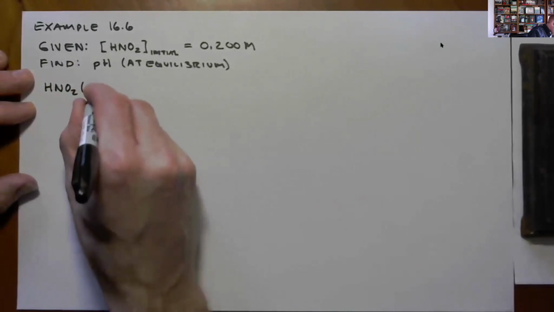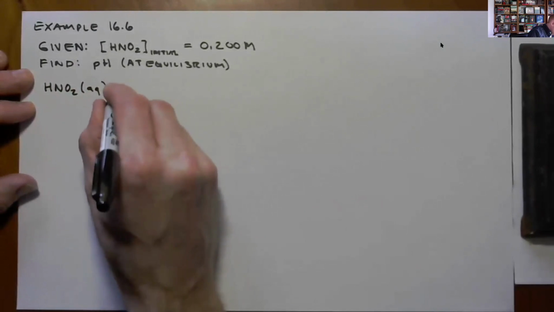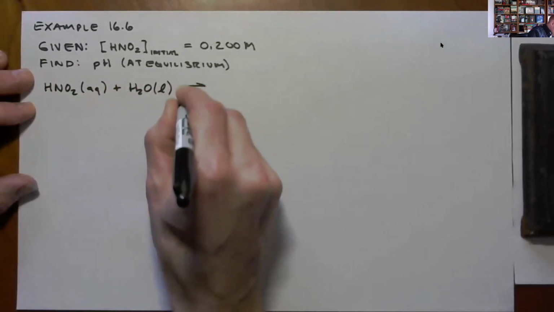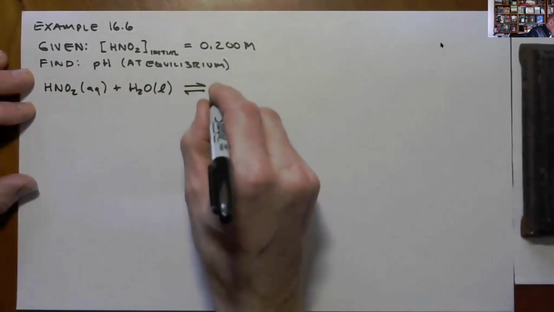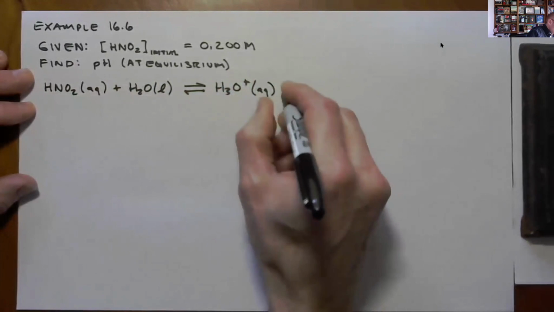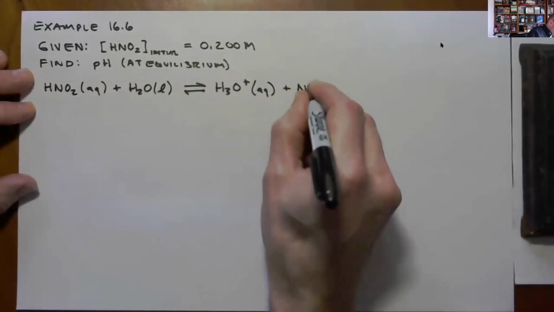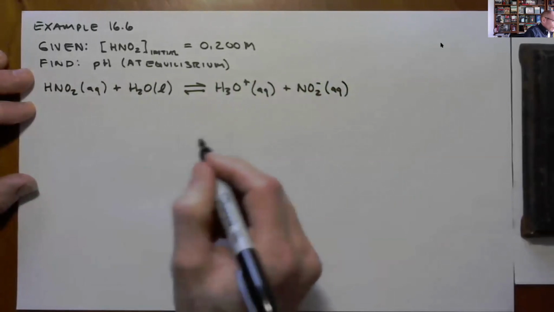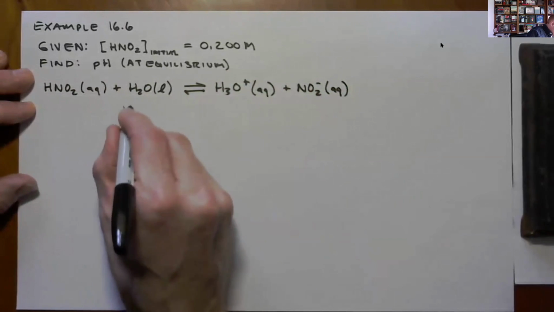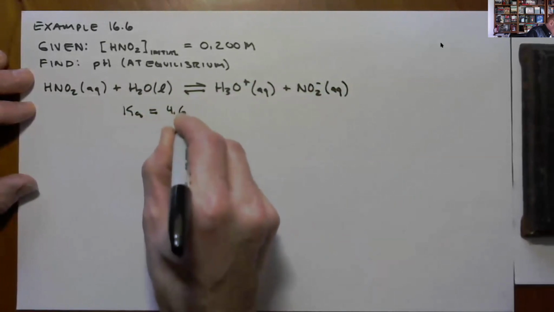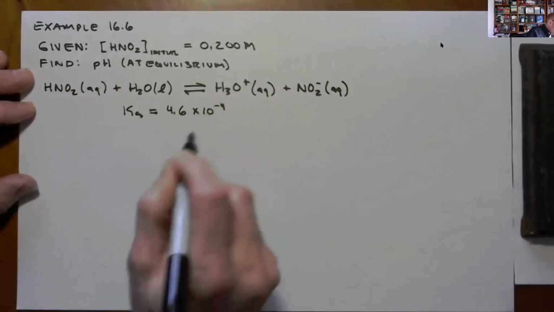So again, what's the chemistry? Always write out the chemical reaction. Make sure we understand the chemistry. That's the equilibrium problem, and the Ka for this is 4.6 times 10 to the minus 4.